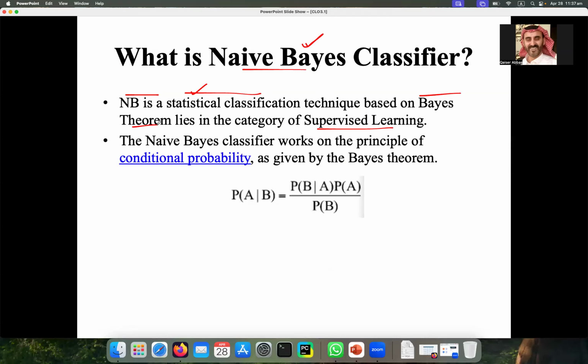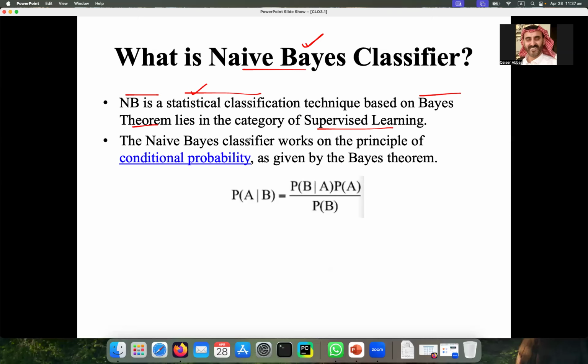This theorem works on conditional probability. If you remember discrete mathematics, you have studied conditional probability there. Conditional probability is always that thing in which you have to find a probability and something is given to you.